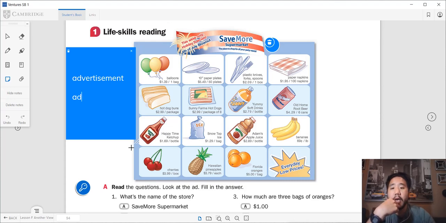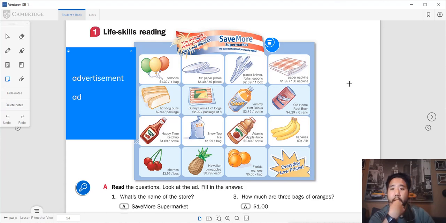So this is an ad from Save More Supermarket, and the items they are advertising are balloons, 10-inch paper plates, plastic knives, forks, spoons, paper napkins, hot dog buns, hot dogs, soft drinks, root beer, ketchup, ice, apple juice, bananas, cherries, pineapples, oranges. So those are items that they're advertising right now.